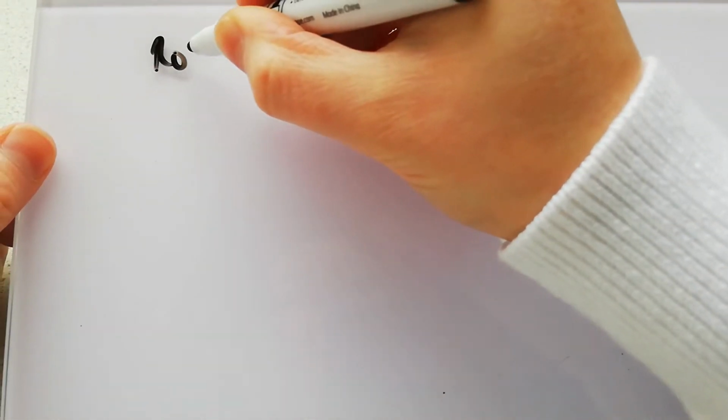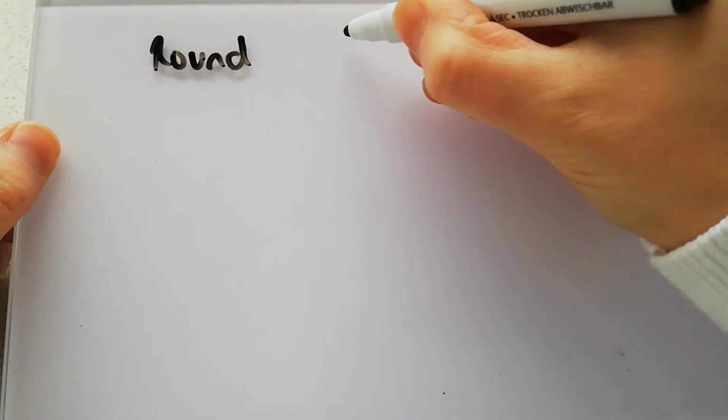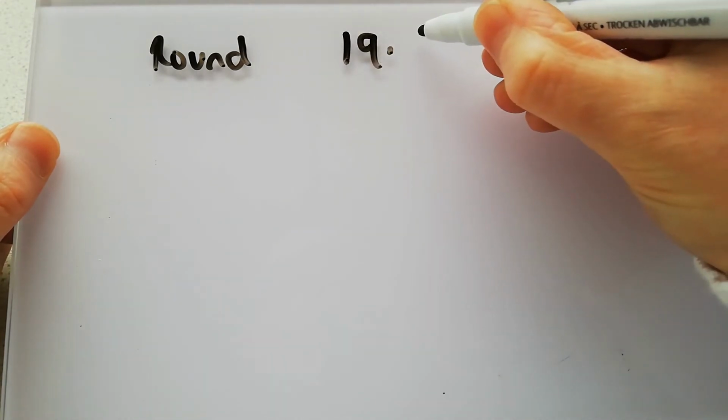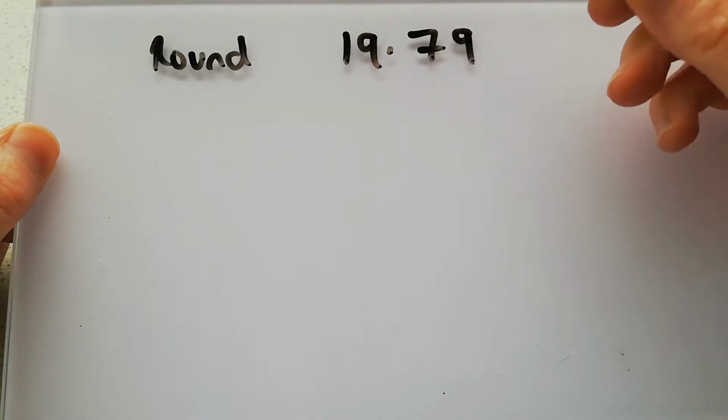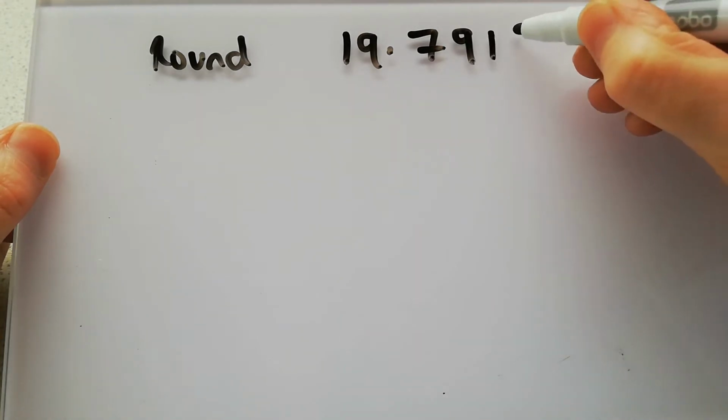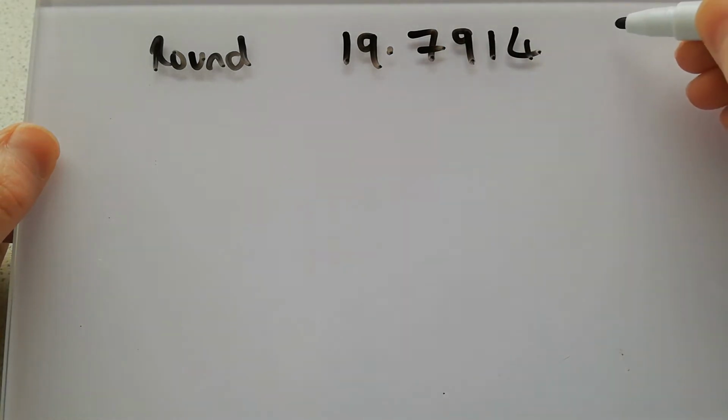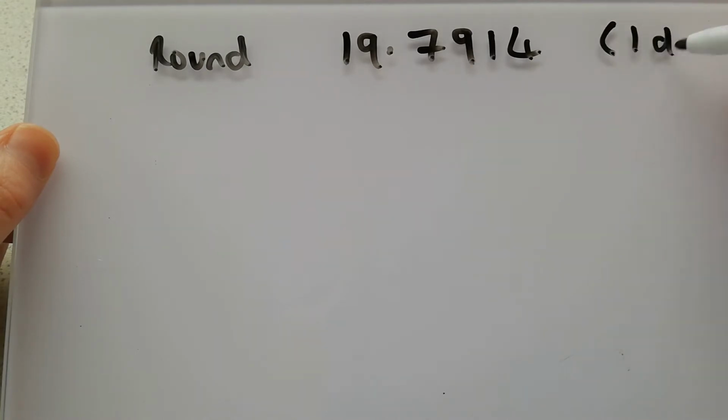So if you round 19.7914, if you round that to 1 decimal place and to 2 decimal places.